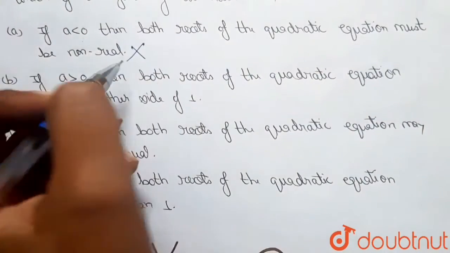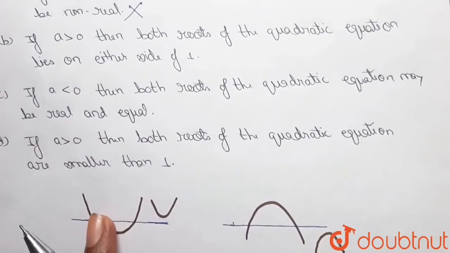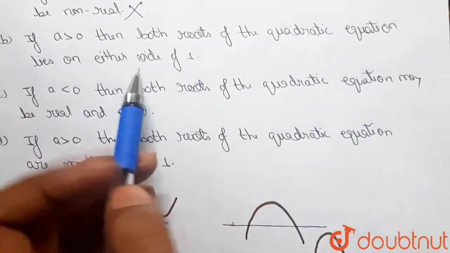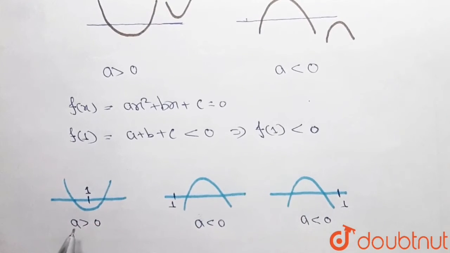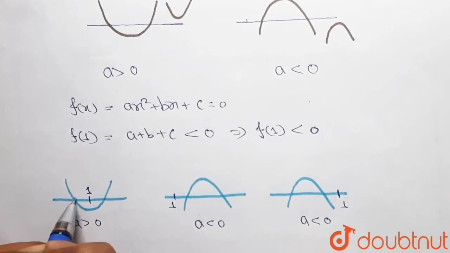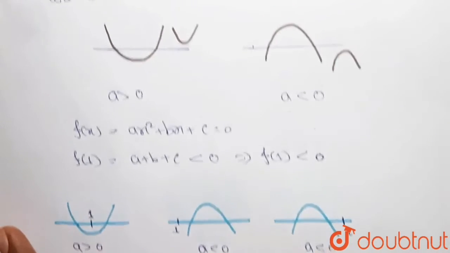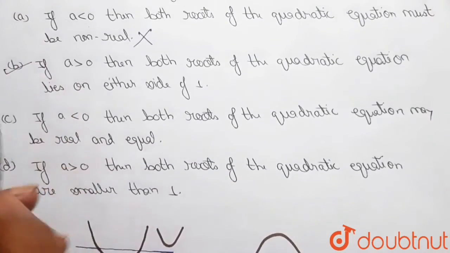This will be the incorrect option. Option B says if a is positive, then both the roots of the quadratic equation lie on either side of 1. So we have seen this case that if a is greater than 0, then yes, both the roots lie on opposite sides of 1, right? So yes, option B is the correct option, right?